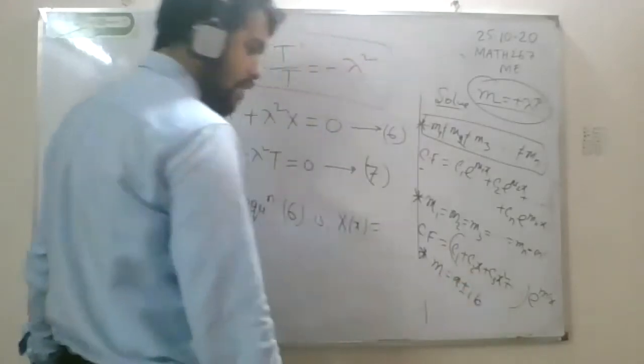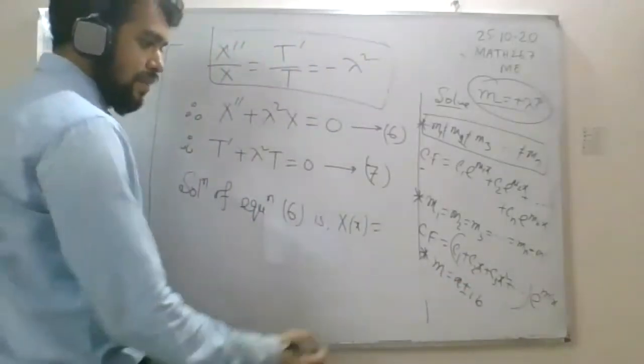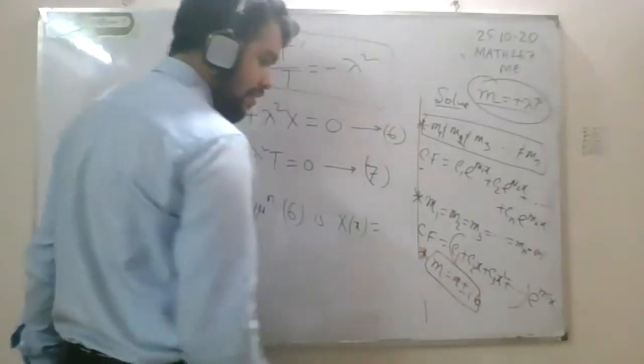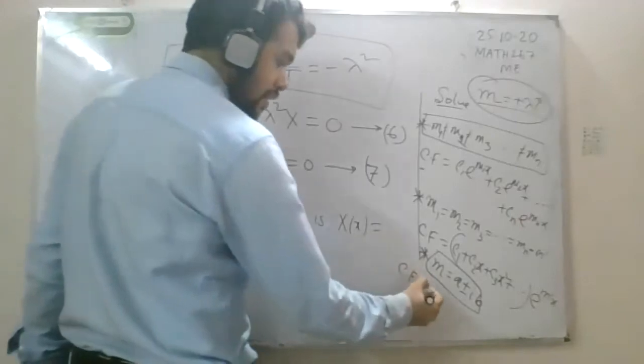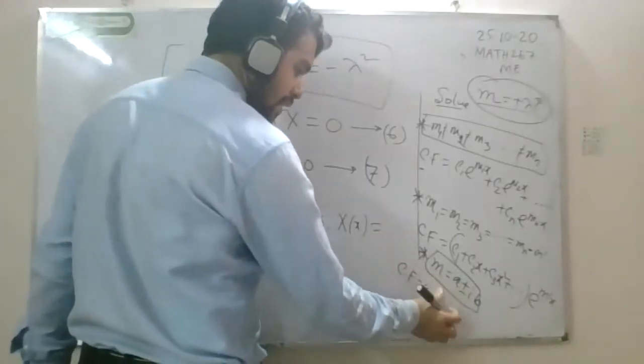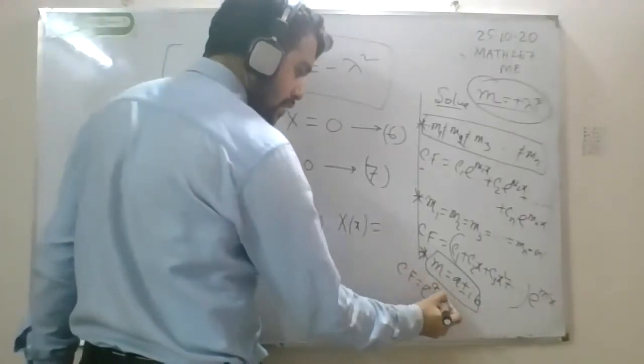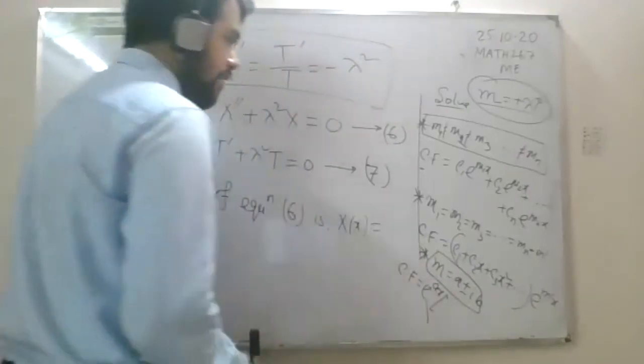ib. So for this kind of roots, the complementary function will be e to the power ax.